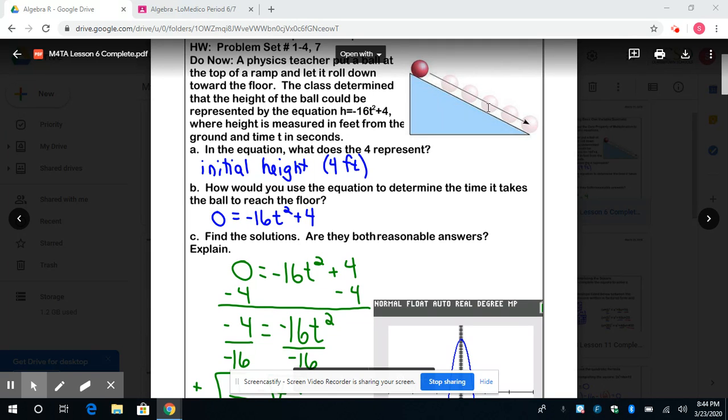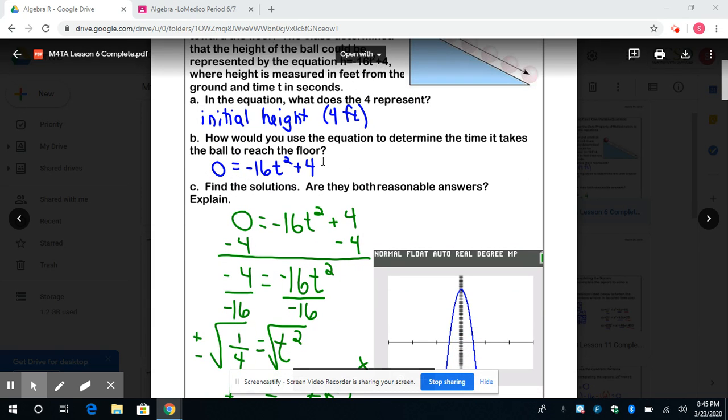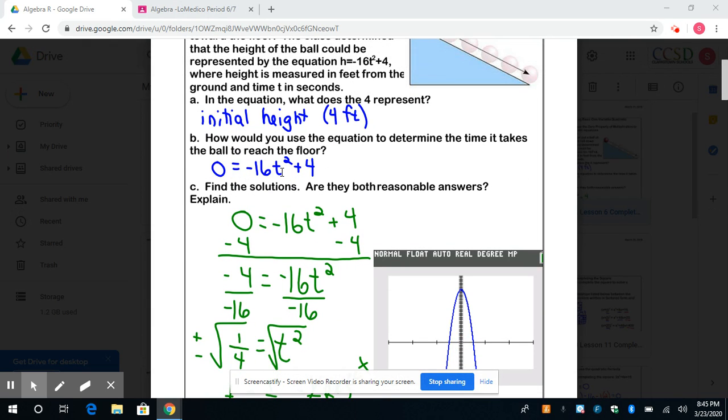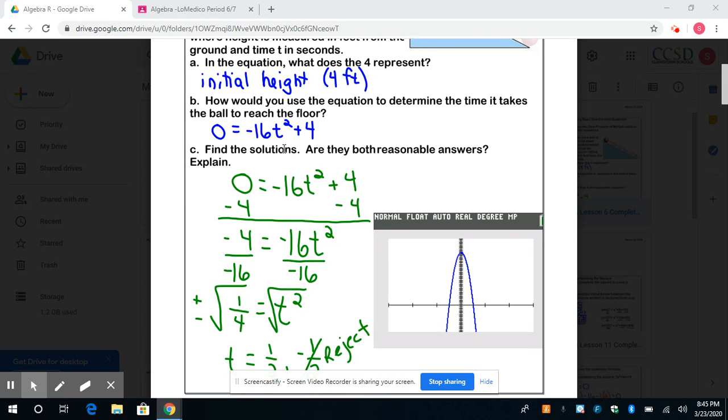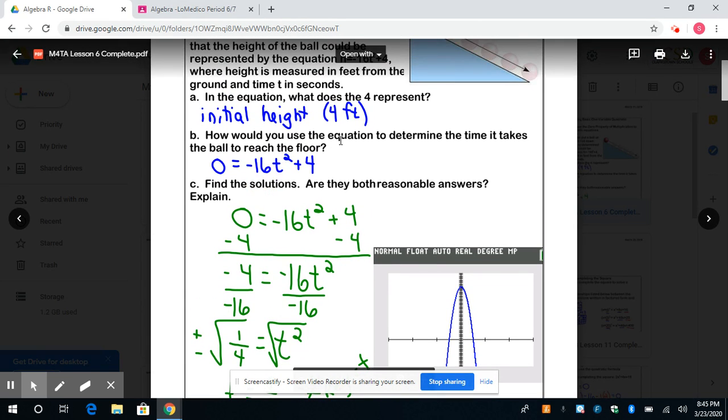It's going down, right? So down here, we get a height of 0. So that's why we're setting our equation equal to 0 here. They're asking you to find the solutions. At what time could the ball be at this height of 0?